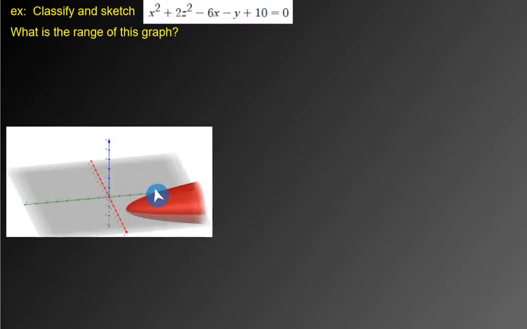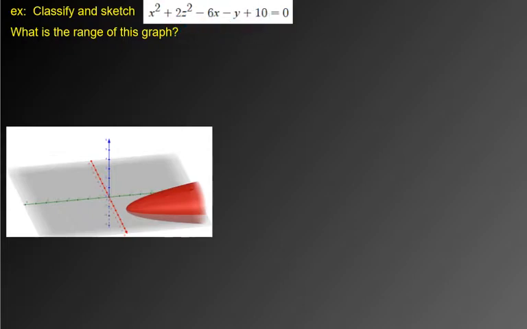Or, sorry, not an ellipsoid. Is it going to be a paraboloid in a certain direction or not? It can be hard to tell, given a random standard form like this, which way the paraboloid points.